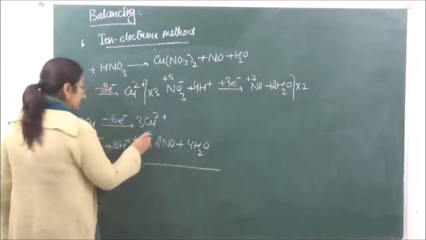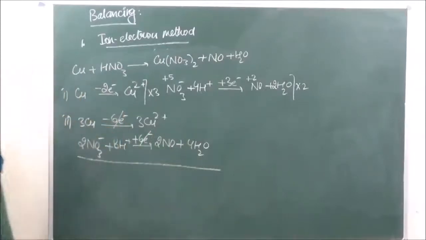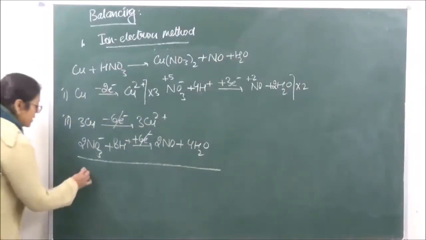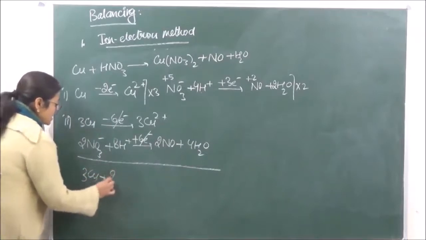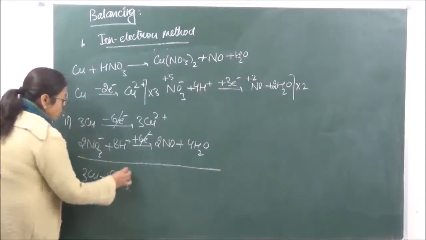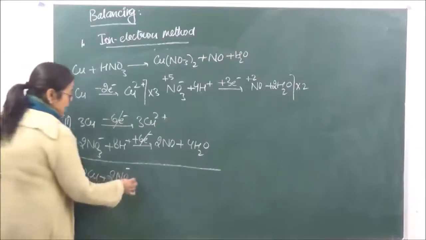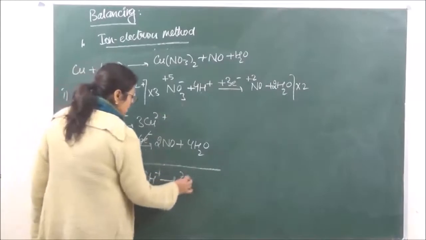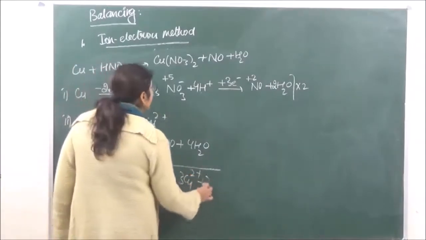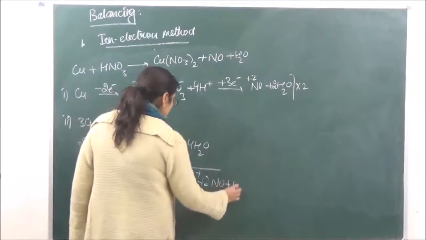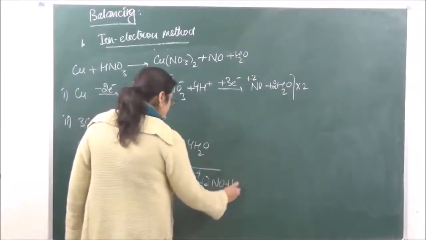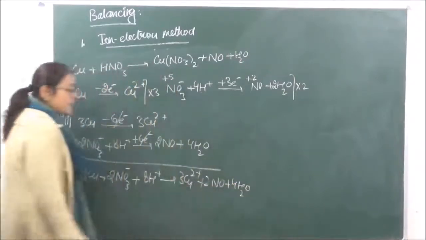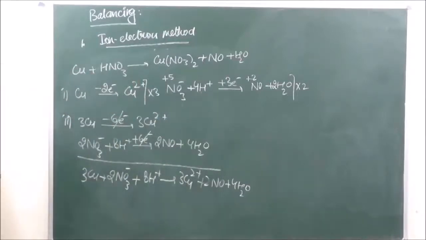When we are adding these reactions, this electron and this electron get cancelled. So we have over here 3Cu plus 2NO3 negative plus 8H positive to give us 3Cu2 positive plus 2NO plus 4H2O. Okay, now this is what we have over here. Adding both the reactions, this is what we are going to get.